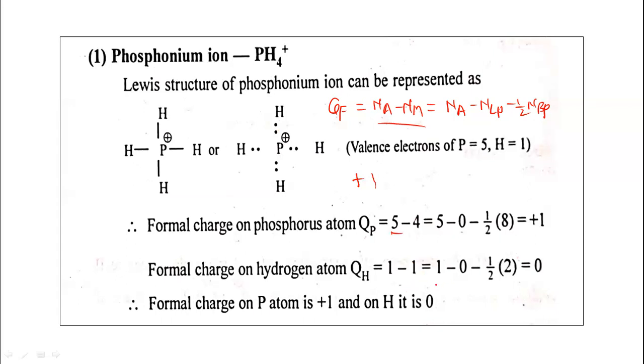Or in this way also: valence electrons 1, number of lone pair electrons 0, minus 1 by 2 of the bonding pair electrons, 2 here. So 1 minus 1 equals 0. Thus, the formal charge on the phosphorus atom is +1 and on hydrogen is 0.